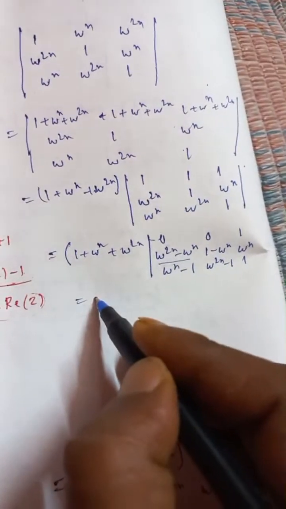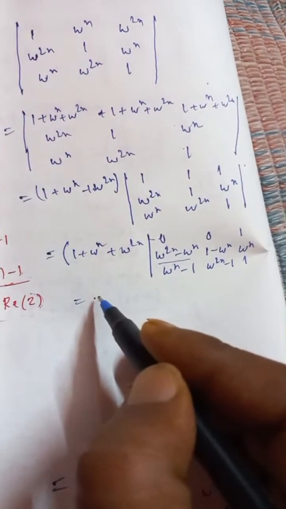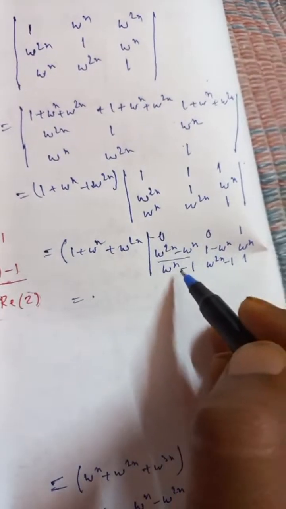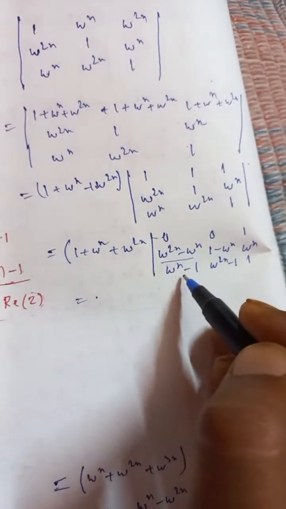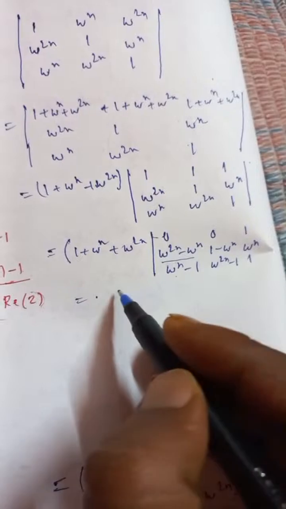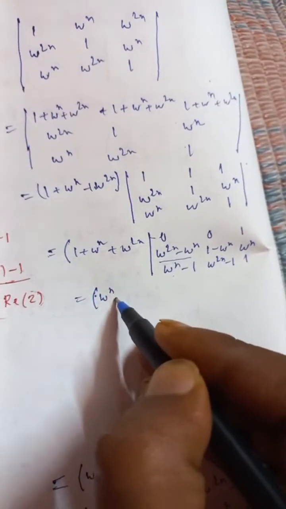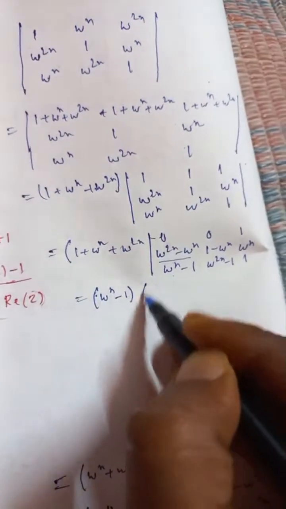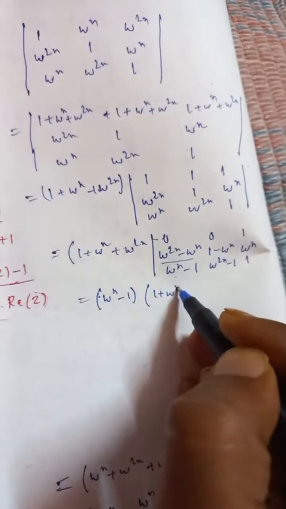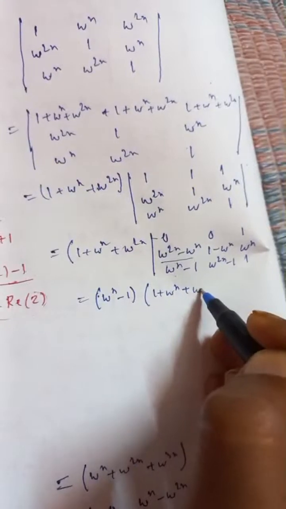We will have omega, and we will take common omega to the power n minus 1, and we will have omega to the power n minus 1 plus omega to the power n minus omega to the power 2n.